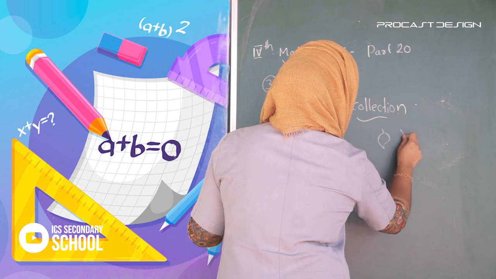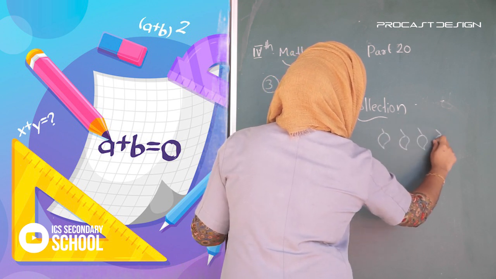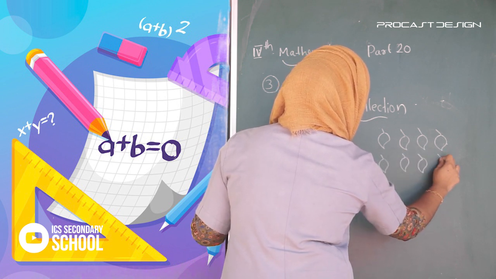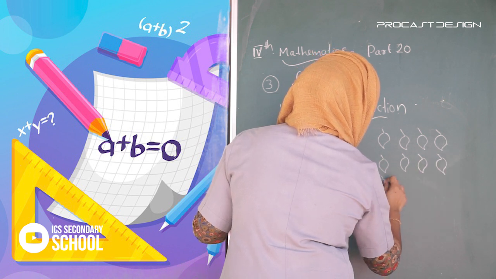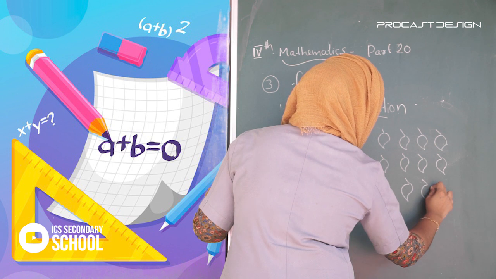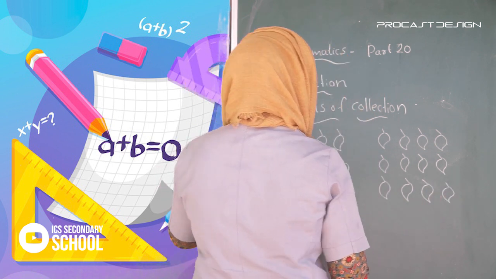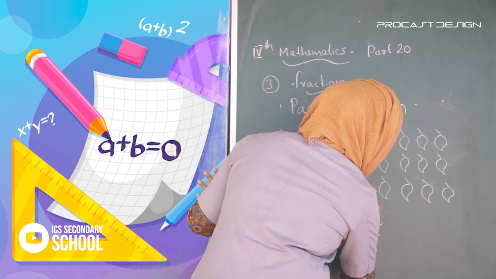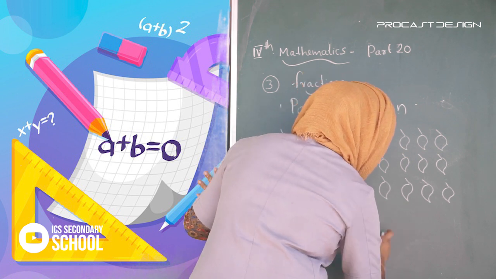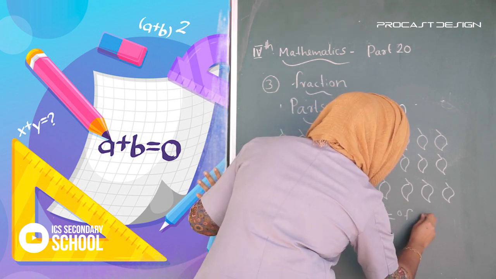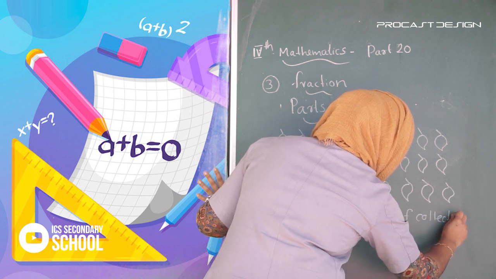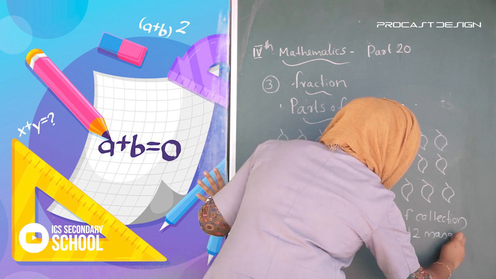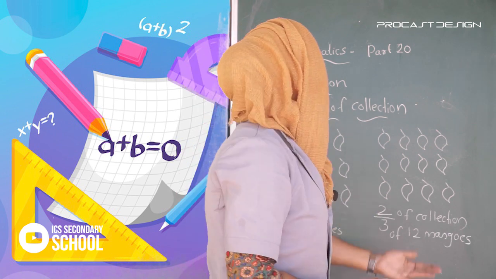So, find out 2 by 3rd of the collection of 12 mangoes.